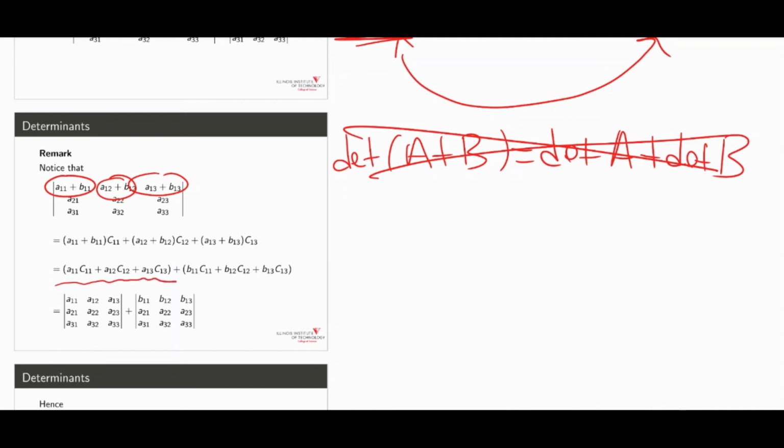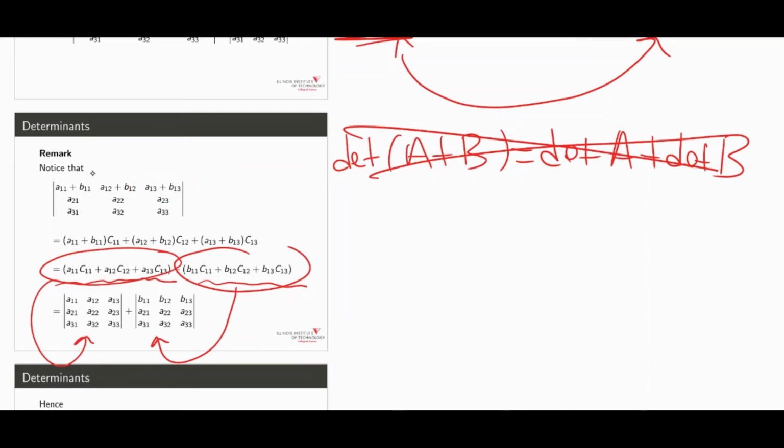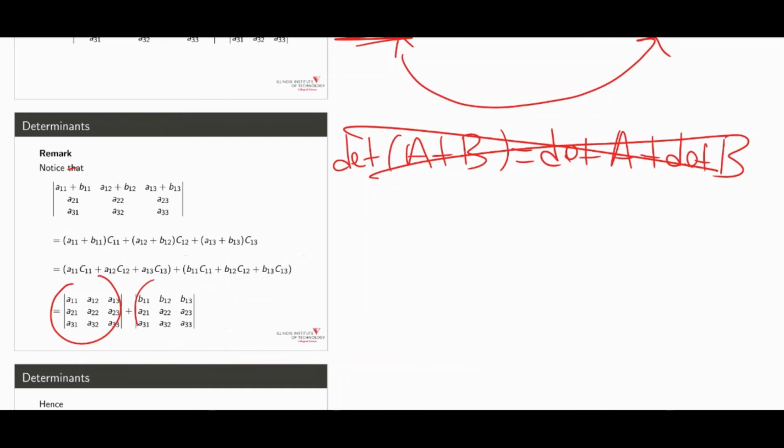We have this and this, and this is exactly the determinant of this matrix, and this one right here is exactly the determinant of this matrix. So now we know that the determinant of this matrix can be computed by splitting it into these two, giving you the sum of these two.